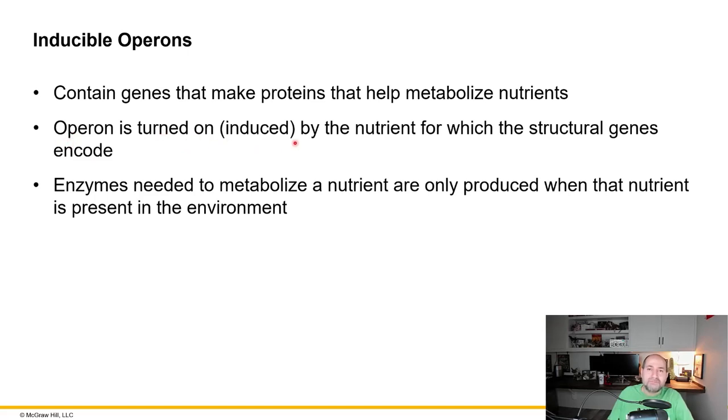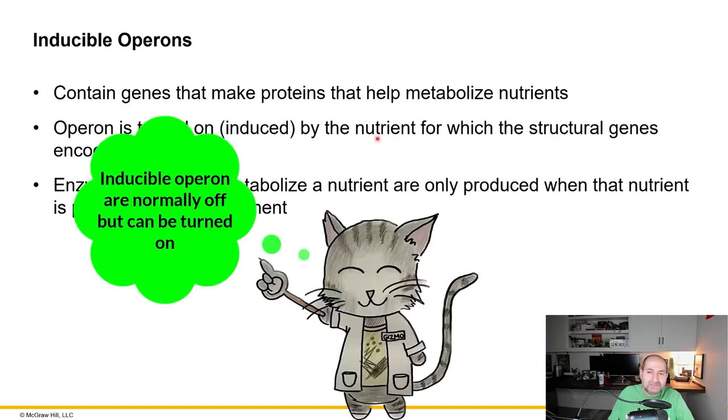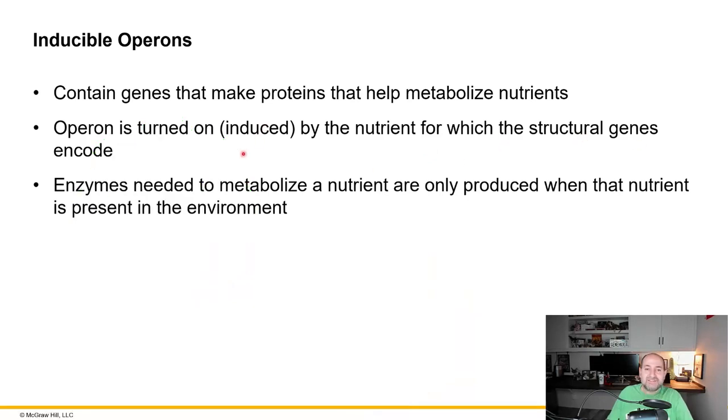That's what induced means. So again, the operon is normally off, but it can be turned on or induced. And it is usually induced by a nutrient for which those genes encode. And it is normally turned on by the nutrient which those genes break down.